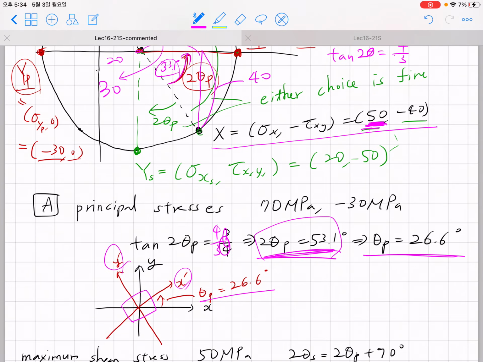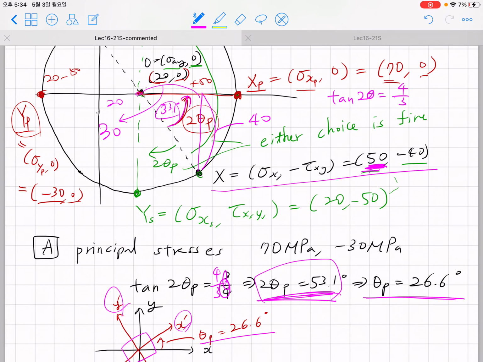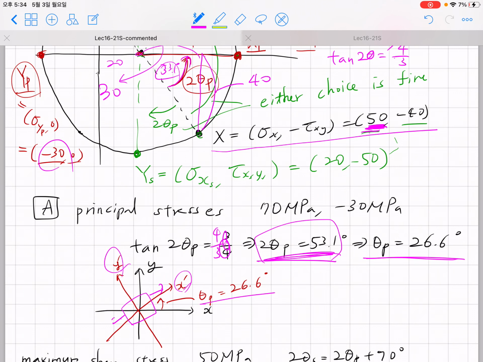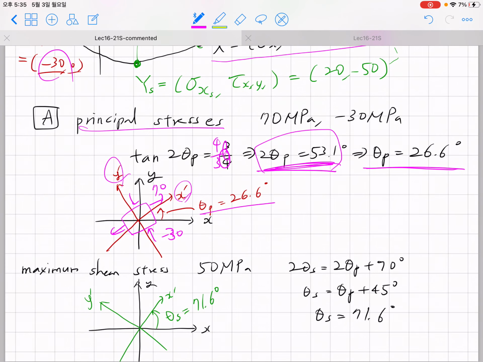The normal stresses are 70 and negative 30: 70 in tension, negative 30 in compression along y prime, and 0 in the shear component. So that's how we obtain the principal stress.